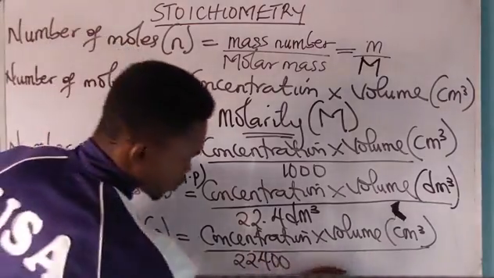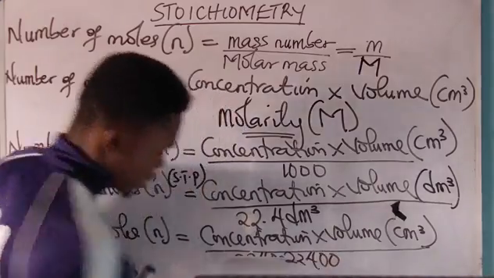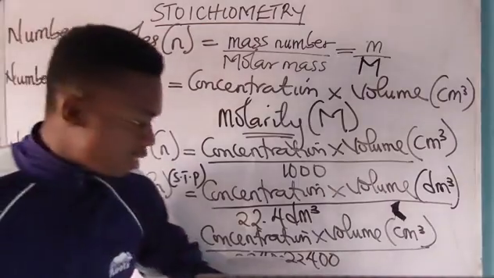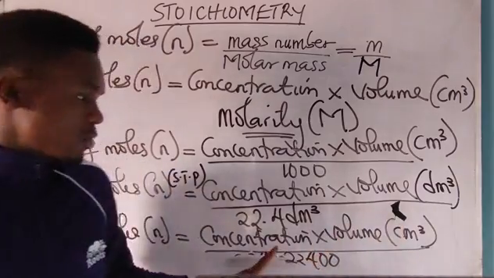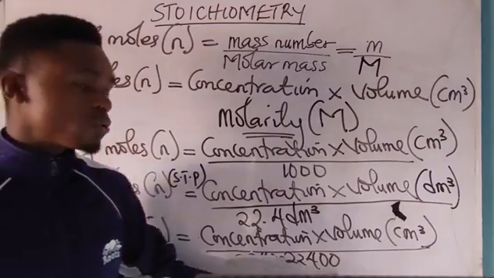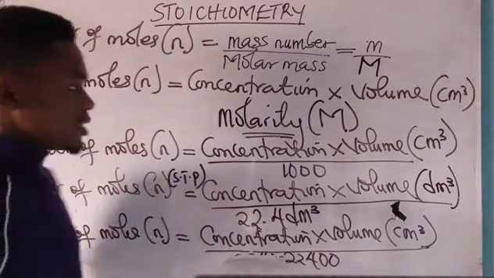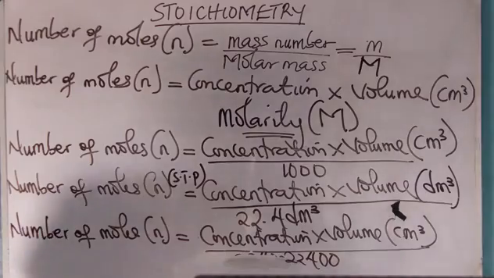At STP, if you were given the volume in cm cube, it is going to be concentration times volume over 22,400 cm cube. So you have converted. These are the formulas we can actually use in tackling questions.